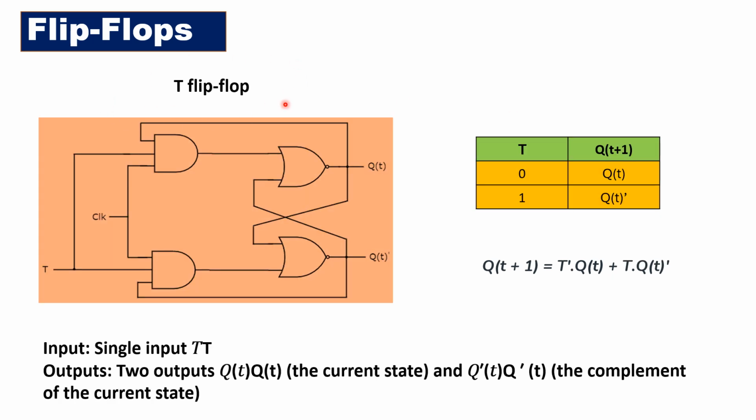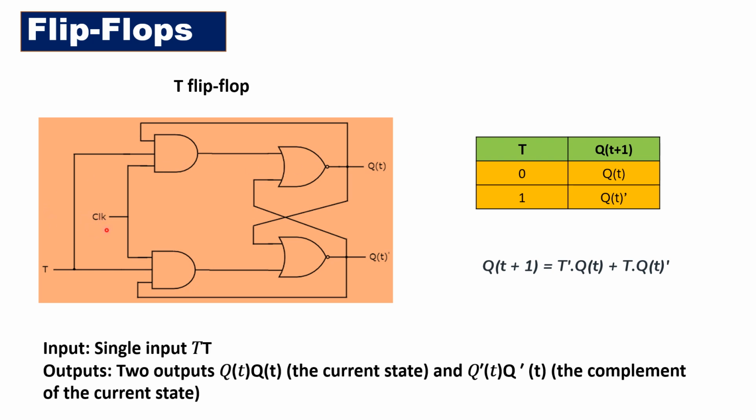The T flip-flop or toggle flip-flop is a simplified version of the JK flip-flop created by connecting the same input T to both inputs J and K of the JK flip-flop. This design allows the T flip-flop to operate with minimum inputs while maintaining the fundamental characteristics of the JK flip-flop.